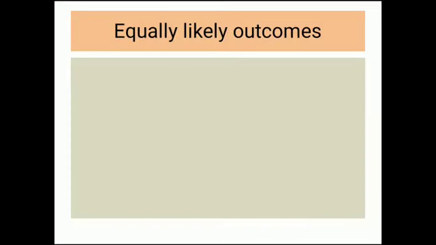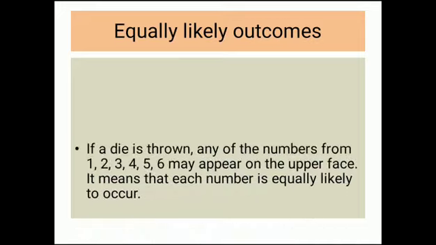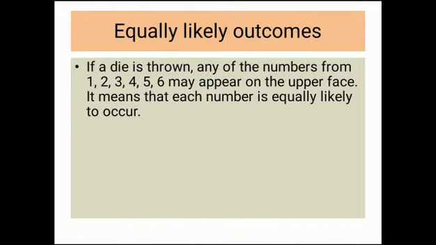Equally likely outcomes. If a die is thrown, any of the numbers from 1, 2, 3, 4, 5, 6 may appear on the upper face. It means that each number is equally likely to occur.